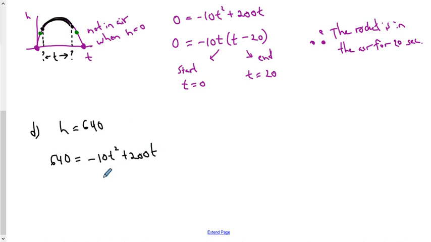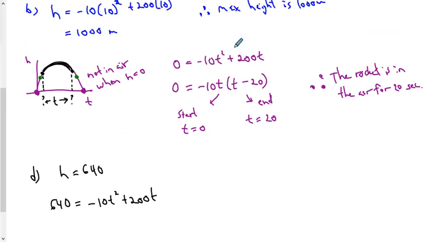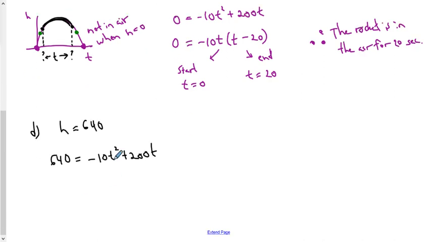Now you might think, oh, I just factor the stuff on the right, but remember that rule. I need to make the equation equal to 0 in order to solve for t. Now in purple, in the previous one, I was setting my height equal to 0, so it was good to go. But this one, it's not equal to 0, it's equal to 640. That's no good. So what do I do?